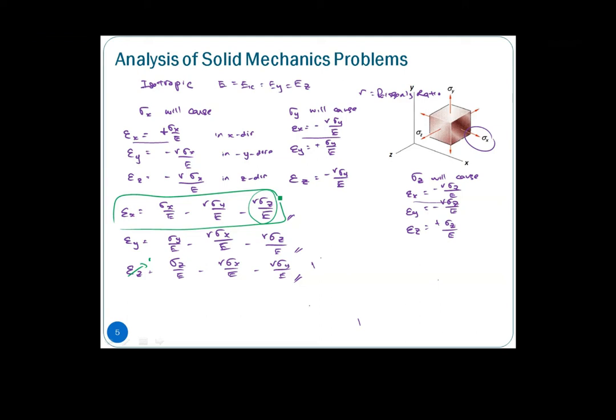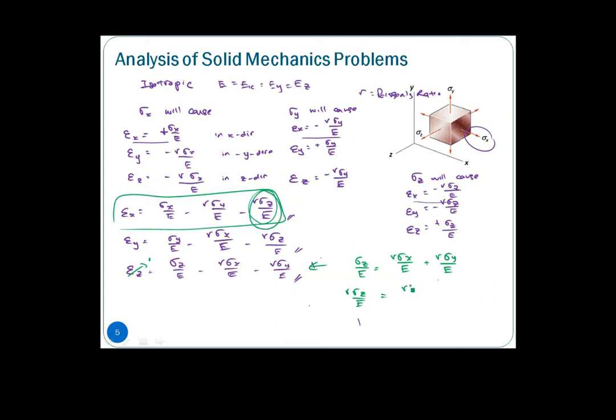All right. So in this case, if you refer back to this equation itself, we have sigma Z over E, which is actually equal to nu sigma X over E plus nu sigma Y over E. So if I want to find nu sigma Z over E, we want to include this component.